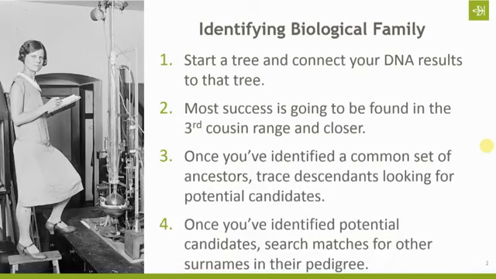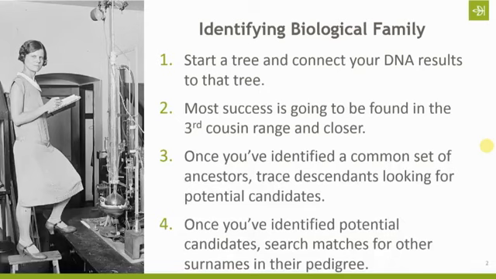And so it's just a matter of looking at time and place and trying to figure out what makes the most sense. And then the final step before we start reaching out to living people is that once you've identified potential candidates, you're going to trace their pedigree. So you're tracing descendants from a common set of ancestors to a potential candidate.